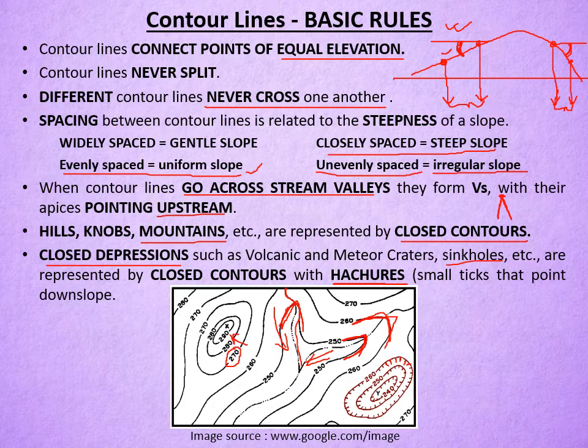You can see the values 270, 280, 290 increasing, whereas in this case the values are decreasing towards the central portion, 260, 250, 240. So on the basis of both the contour line values as well as these hachure marks, we can distinguish which one is the contour pattern for a hill and which one is the contour pattern for a basin or a depression.